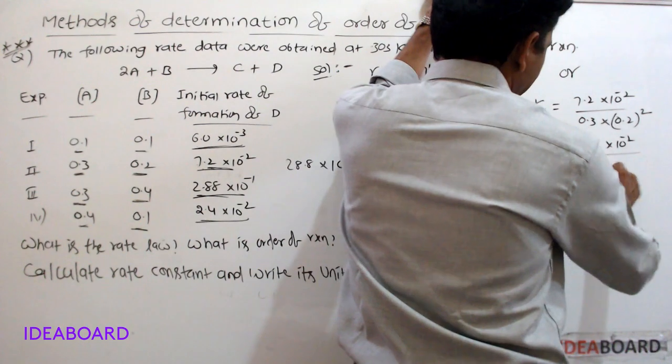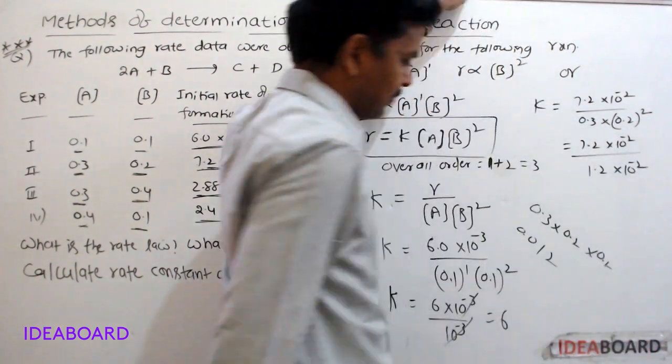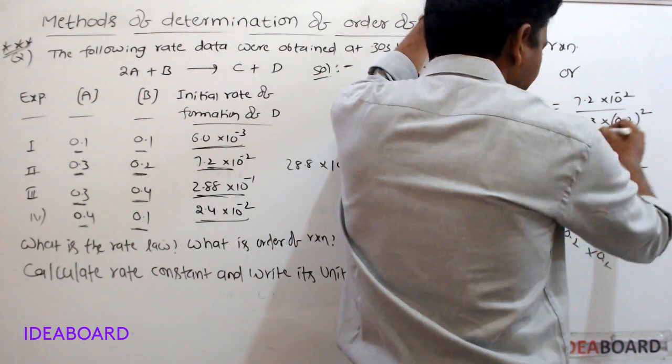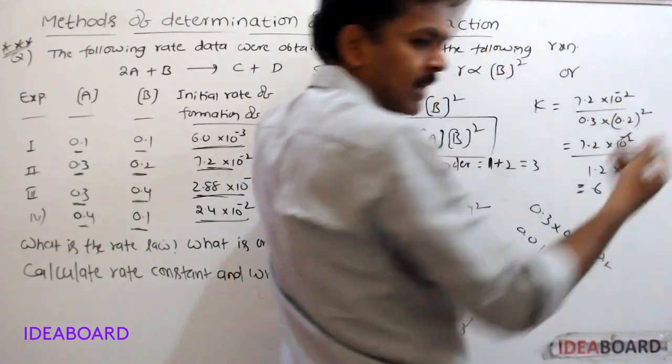I am writing 1.2 into 10 power minus 2. We can write like this, 7.2 by 1.2, 6 only. We will get same value.